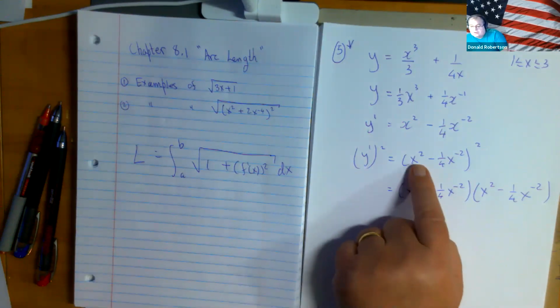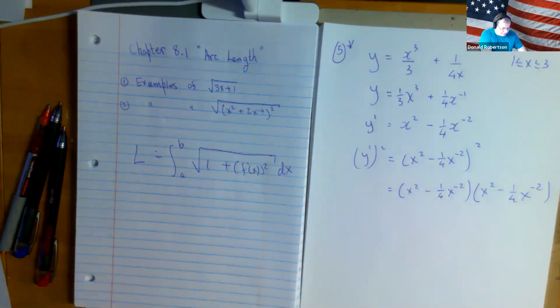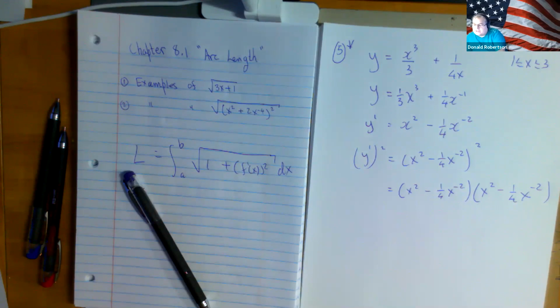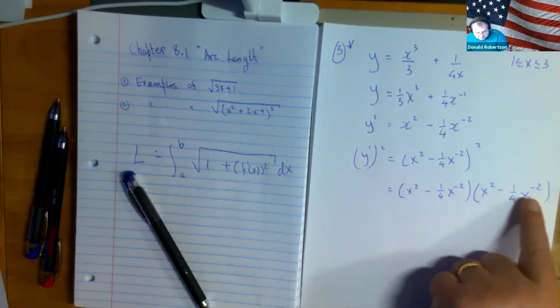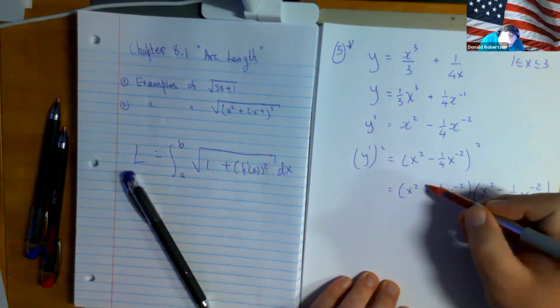And I'm taking this really slowly. You may not need every line, but I'm putting every line I can think of in. The reason I've written the square like this is so I can do FOIL. And you might think FOIL's easy. Well, most of the time it is, but not this time. And the reason it's not easy is there's a lot of negative powers floating about and some weird combinations as well. So let's start off with the F.